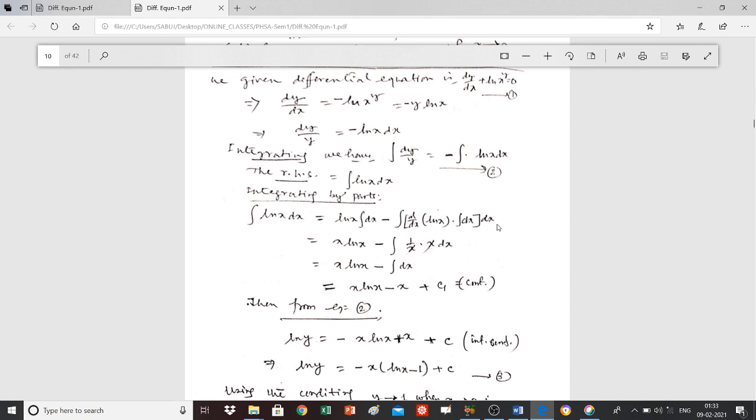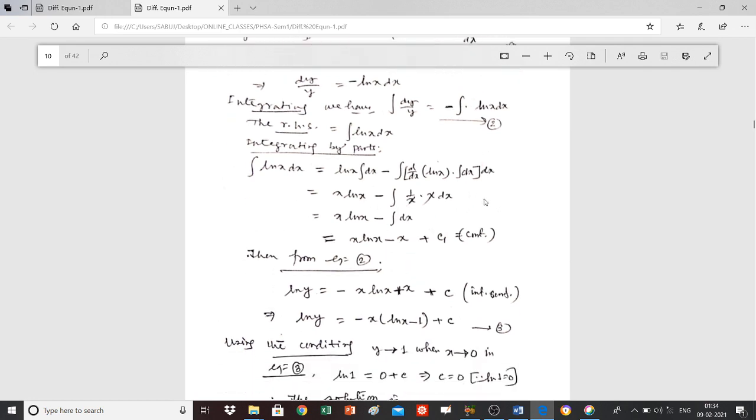Because you know that integration of uv is equal to u integration of dv, minus integration of du by dx times v dx. So you know the formula. From here it is x log x minus, since the differentiation of log x is 1 by x, and 1 by x times x dx is dx. So x log x minus dx. It is not very difficult to calculate this. So finally you get x log x minus x, plus a constant.